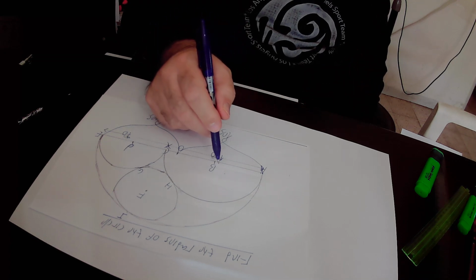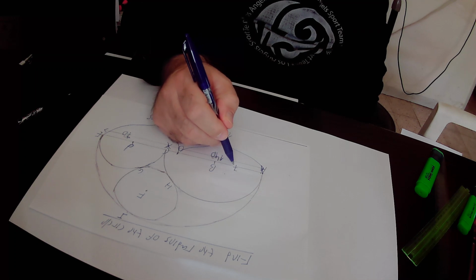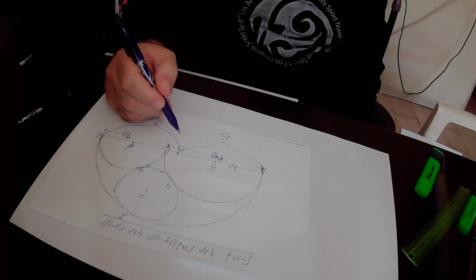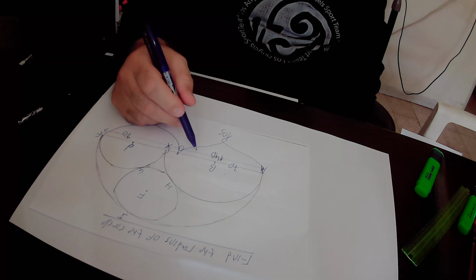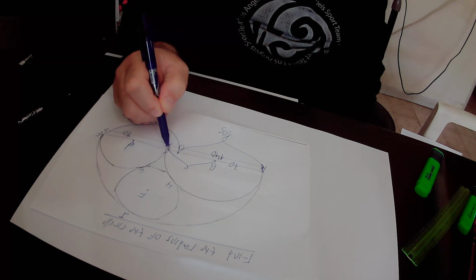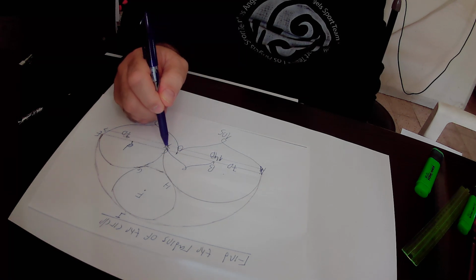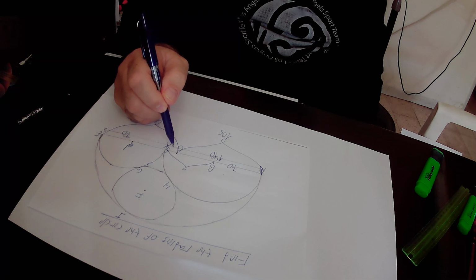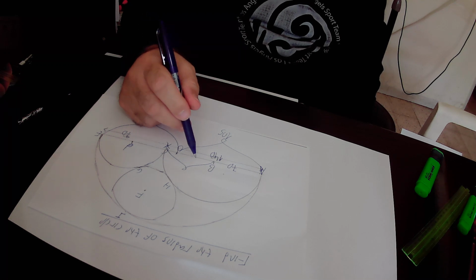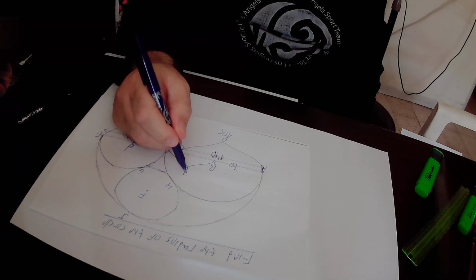So AB, the radius of this semicircle, must be equal to 140 over 2, that is 70 units. Likewise, line segment BC starts from the center of this semicircle and ends at point C, a point of the semicircle itself. This is exactly the definition of a radius. That is to say, BC is the radius of this semicircle, equal to 70 units.